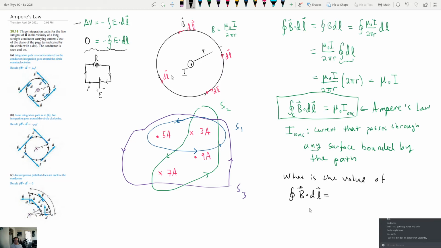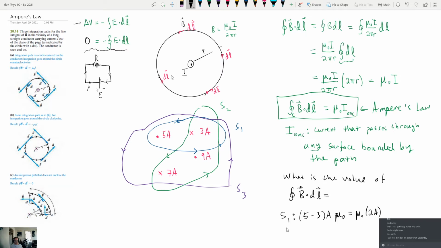But for surface 1, the answer is going to be 5 minus 3, and it's multiplied by mu naught, actually. Sorry. So it's going to be mu naught times 2 amps. Does that make sense? Yep. Pretty easy, actually.